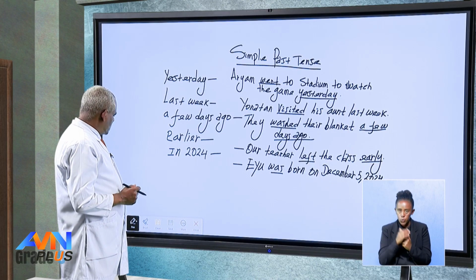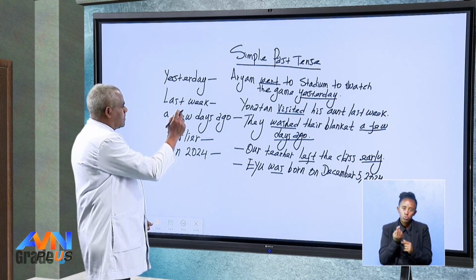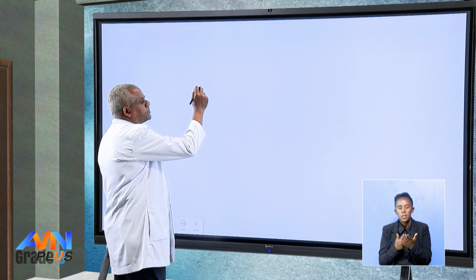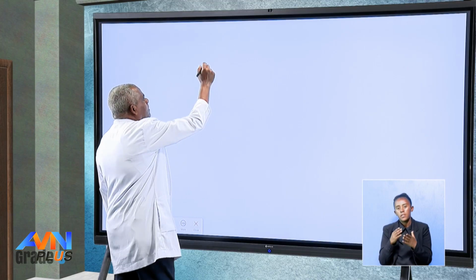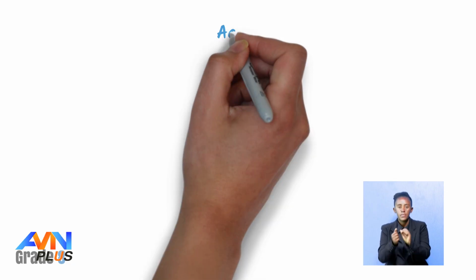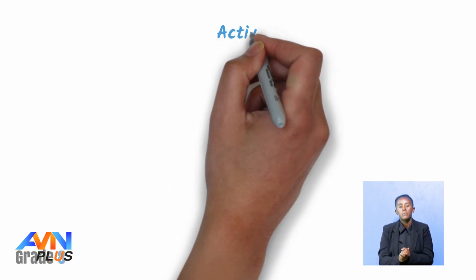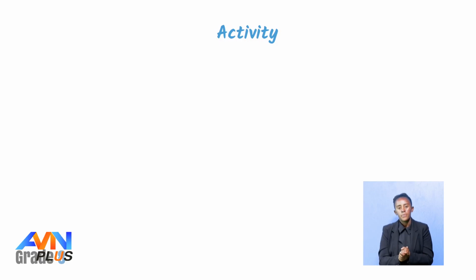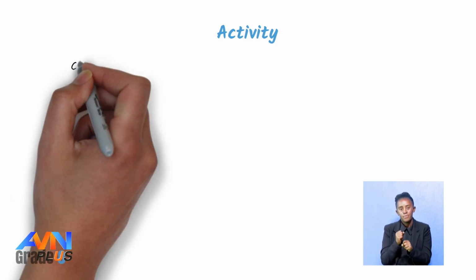Try to use these verbs in the appropriate place of the given spaces. Good. Activity.